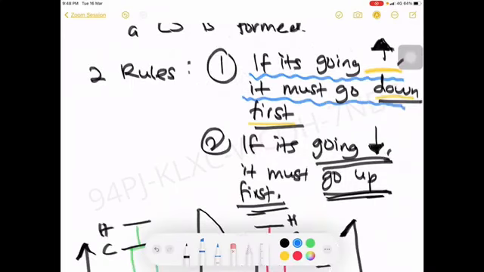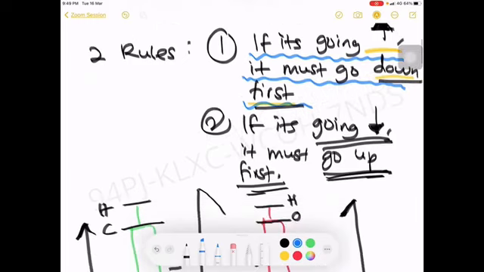If it wants to go up, where does it need to go first? What did we learn before? If it wants to go up, what does it need to do first? If it's going up, it must go down first. If it's going down, it must go up first.